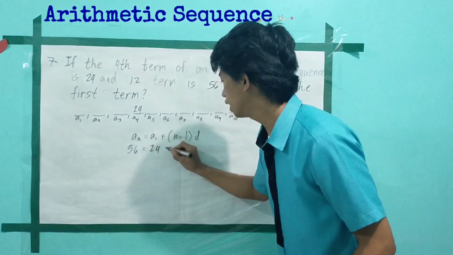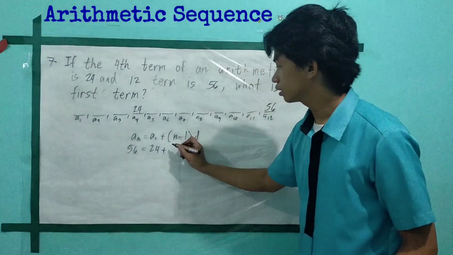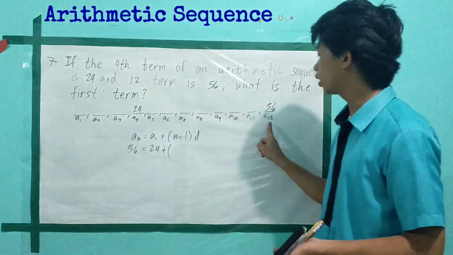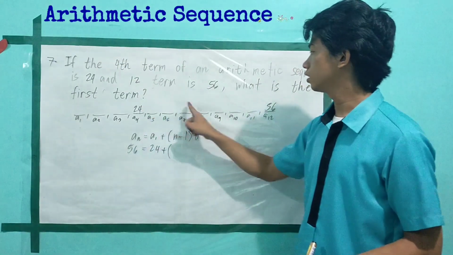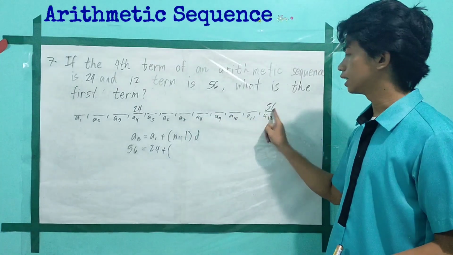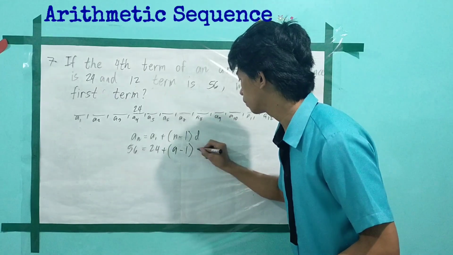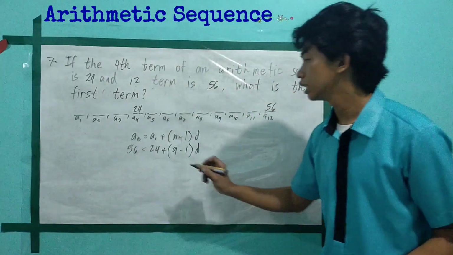So, 24 plus, how many terms from A sub 4 to A sub 12? 1, 2, 3, 4, 5, 6, 7, 8, 9. So, we have 9 terms. 9 less 1 multiplied to the common difference.